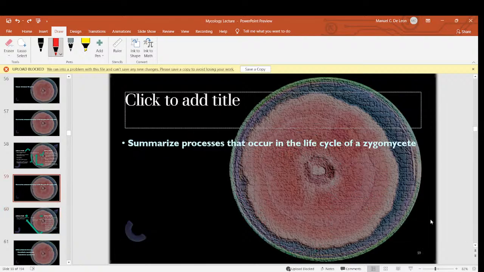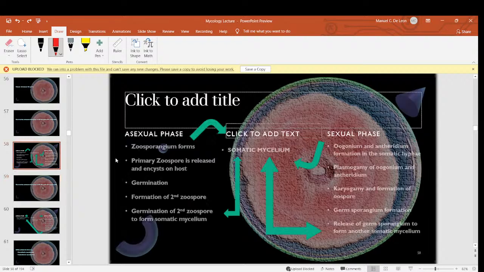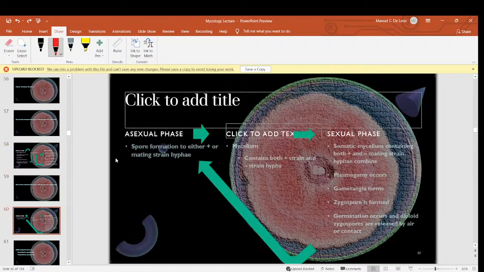So basically, a zygomycete doesn't have a hermaphroditic life cycle, as opposed to an oomycete, which is capable of fertilizing its own spores or the oogonium. A zygomycete requires another zygomycete of the same family with the opposite negative or positive strain to form its zygospore, or the sexual phase.